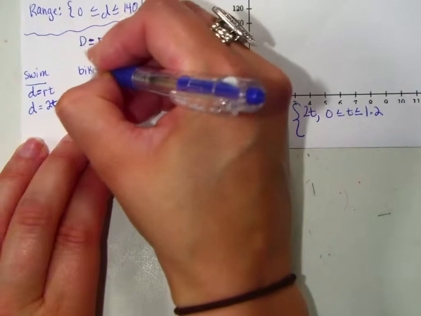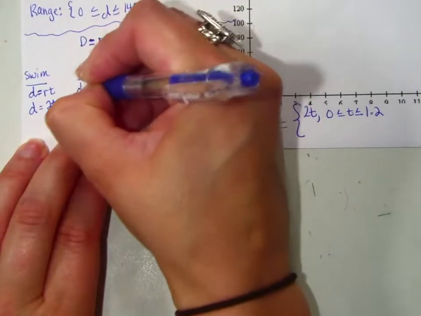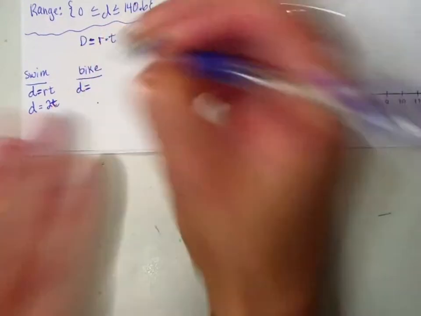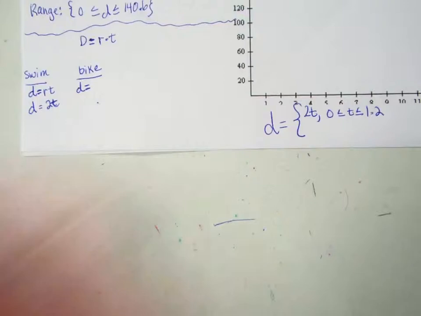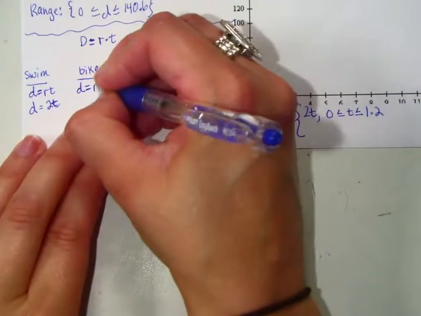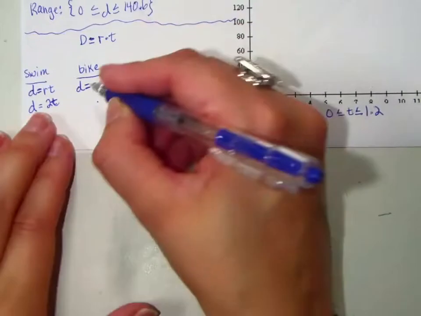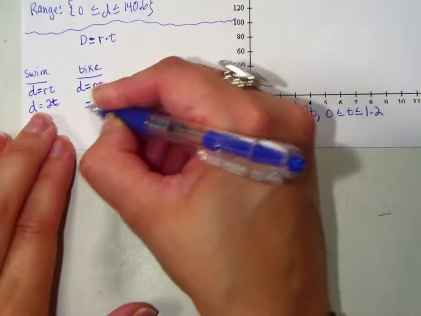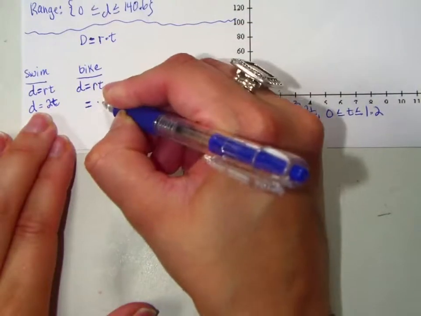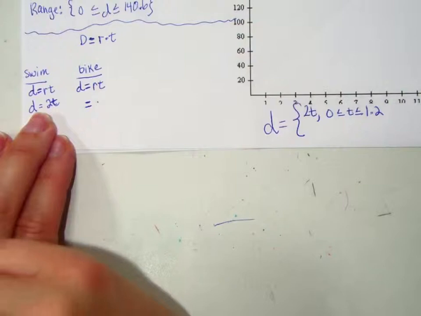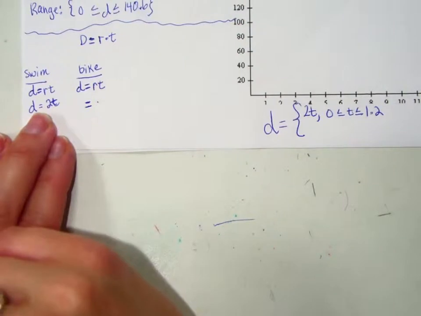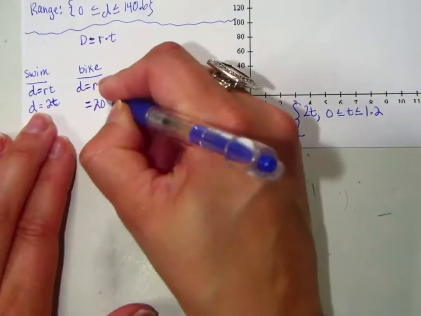All right, next we do the bike. Distance during the bike race, again, is rate times time. Her rate on the bike race was 20 miles an hour.